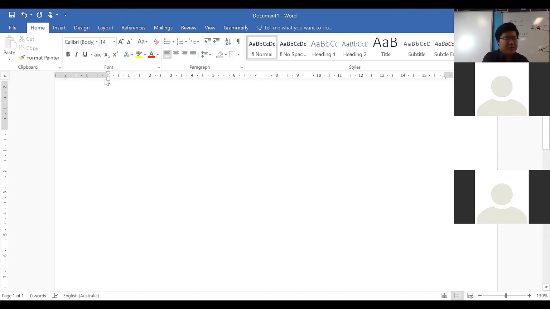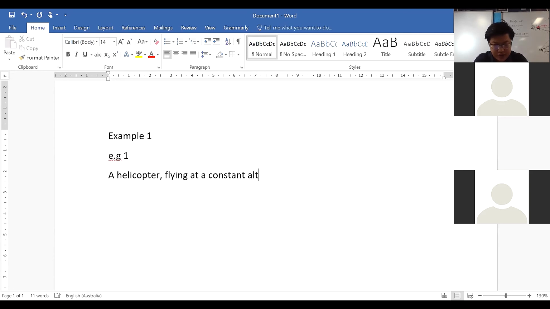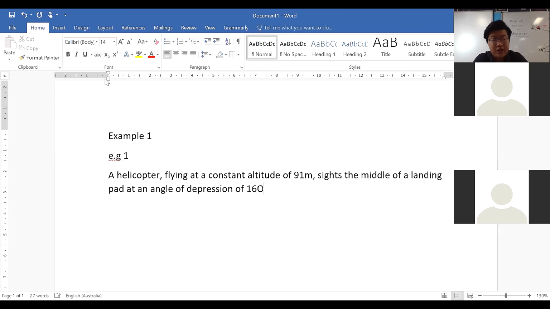So, your first example. Example 1, or you can put E.G.1. It's up to you, it doesn't really matter. The first example is when you have a helicopter flying at a constant altitude of 91 meters, sights the middle of a landing pad at an angle of depression of 16 degrees.